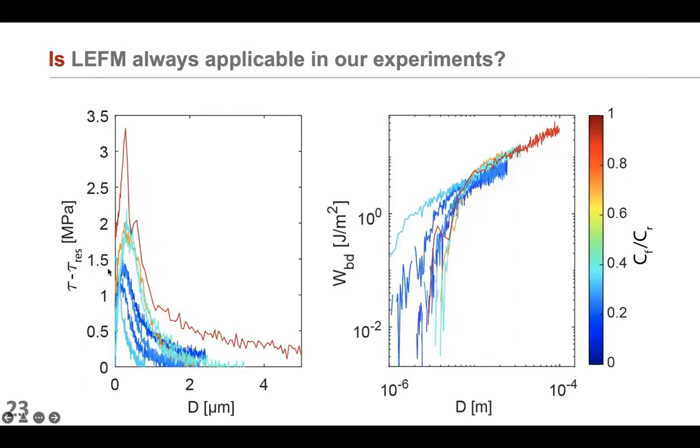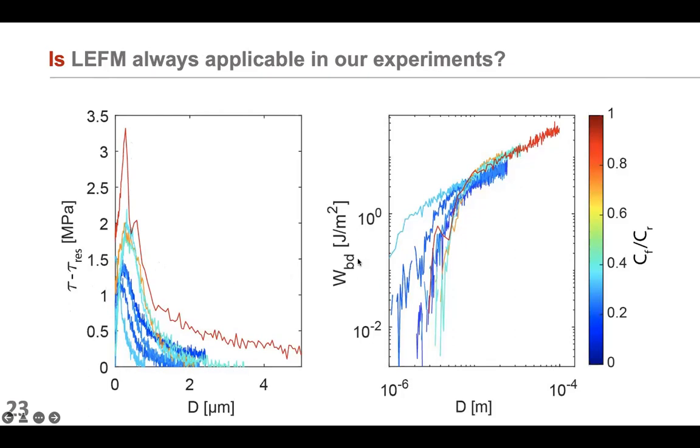So what I'm showing you here are different experiments, and it's again the evolution of stress as a function of slip during different stick-slip experiments. And what you can see is that the larger the rupture speed, the larger the change in stress and the weakening that occurs with slip after the rupture tip.